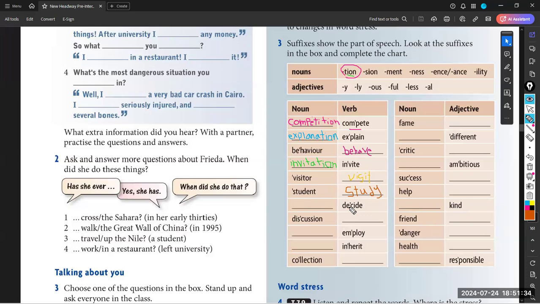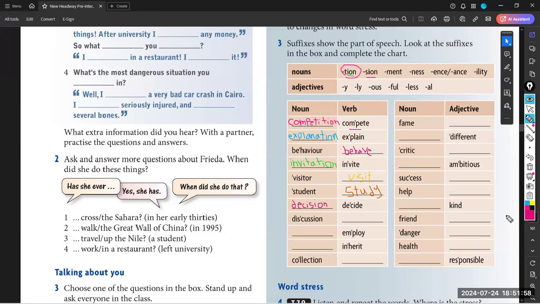Okay, now we have decide. Decision. Decision. Thank you so much, Jamila. So decide, decision. S-I-O-N. Decision. This is it.